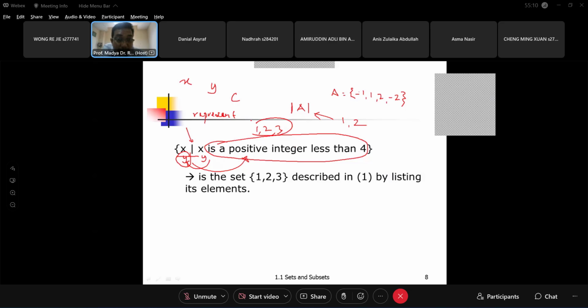We can also say X is a positive integer. This one is the declaration part. In operation we use this one. Even though they look similar, this one is the declaration, the whole thing, and this one is the variable that we use. Okay, clear? Thank you. Okay, welcome.